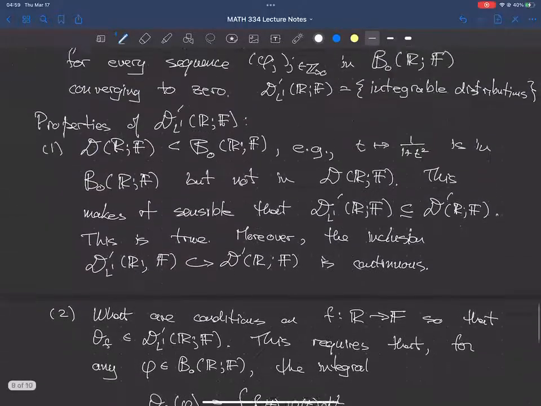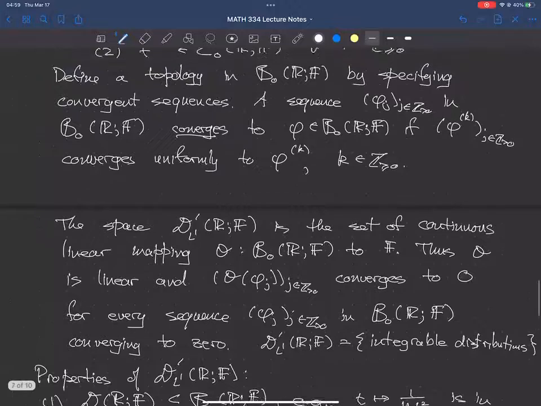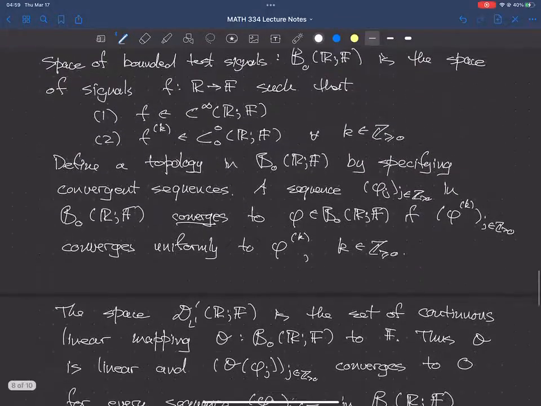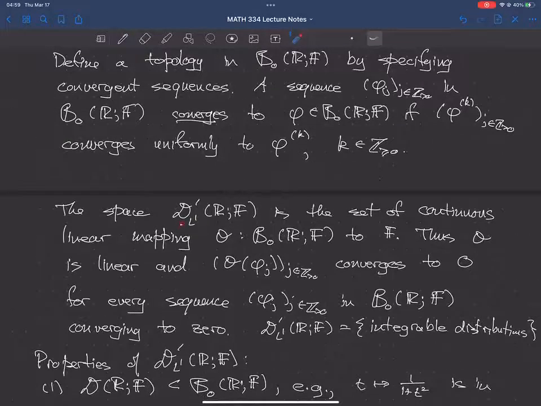So it turns out that, continuity of, the way we defined this space D'L1 is that it's continuous linear mappings on this space. And then we had a notion of topology on here, defined by this uniform convergence like this.